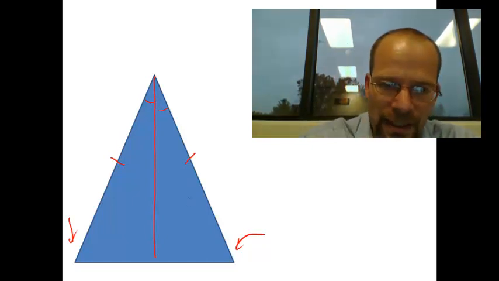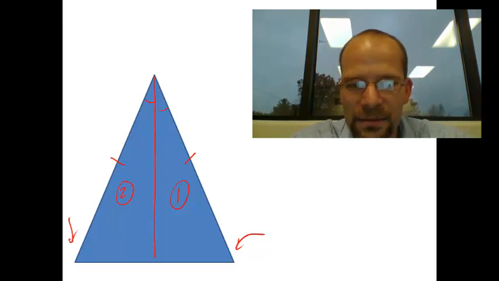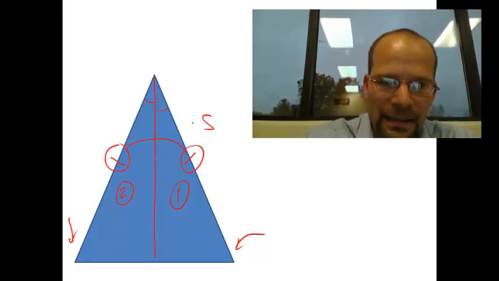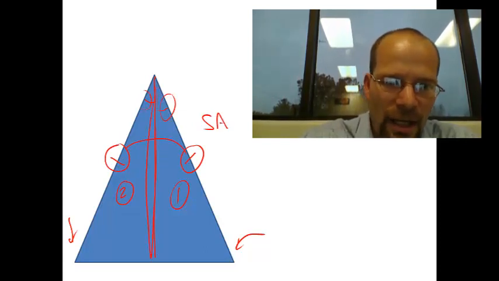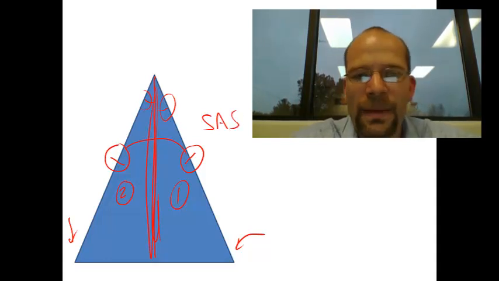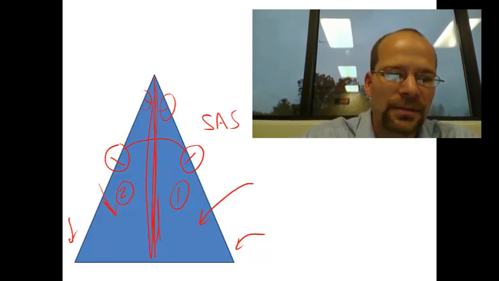We have two triangles. I'll call this triangle number 1, which is not the way we normally name them, but for expedience's sake, and triangle number 2. Notice I have side, right? We've got side. And then we have angle, and then we have a common side right here, right? That's side angle side. And so by side angle side, we find that these two triangles, triangle 1 and triangle 2, are congruent.